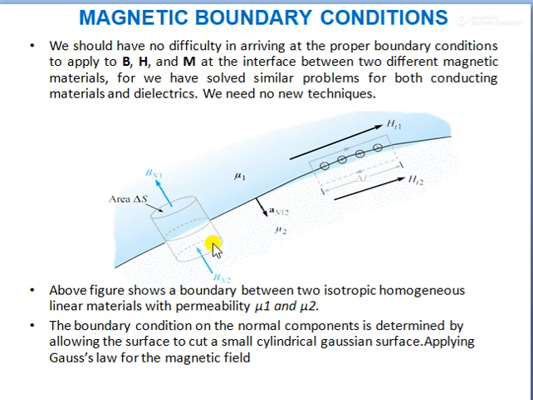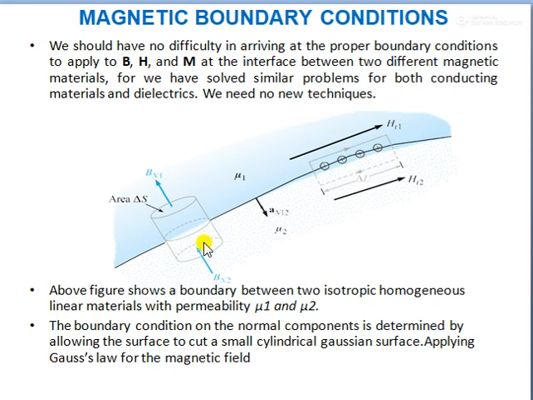As delta h tends to 0, the cylinder tends to the boundary and only the top and bottom surfaces contribute to the surface integral, where the side surface contribution is 0. That is, if you make delta h 0, only the top surface and bottom surface will contribute to the surface integral.